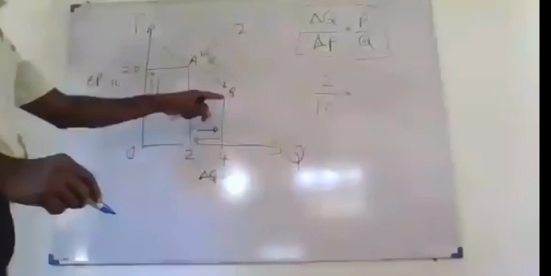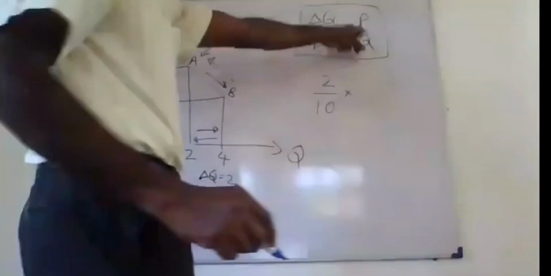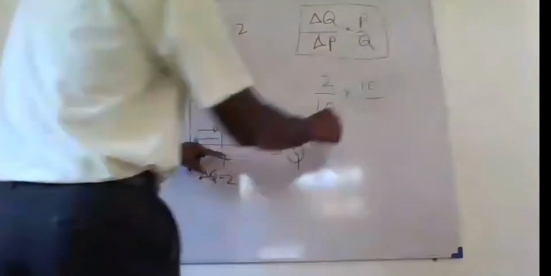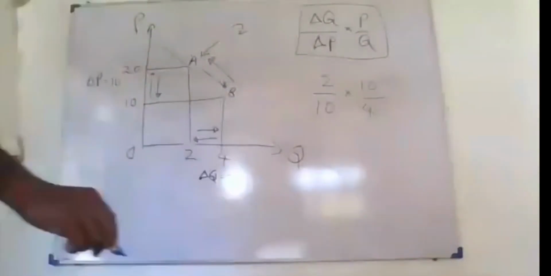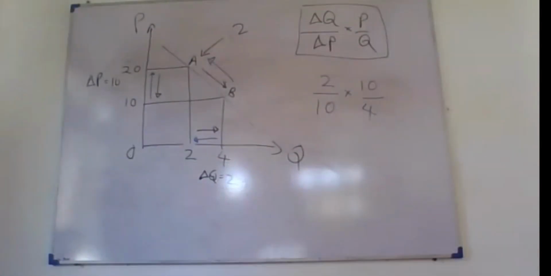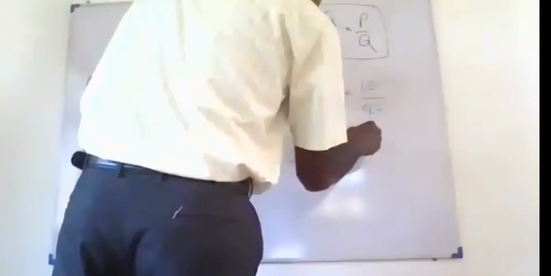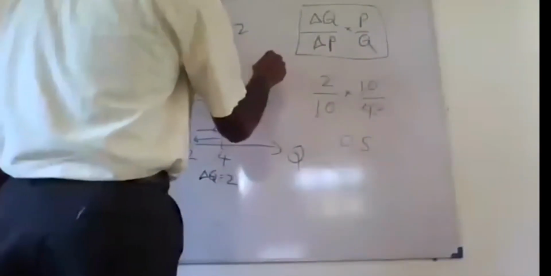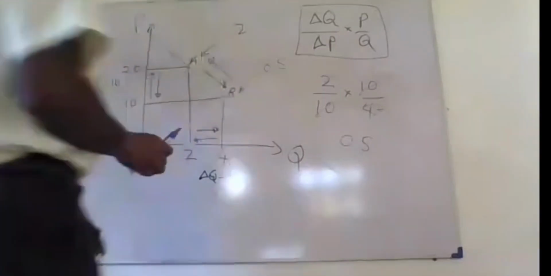But this part will change. P by Q will change because now the initial price is 10. Initial quantity is 4. Now what is the price elasticity of demand? You just do it, and it is 0.5. Here, 0.5.